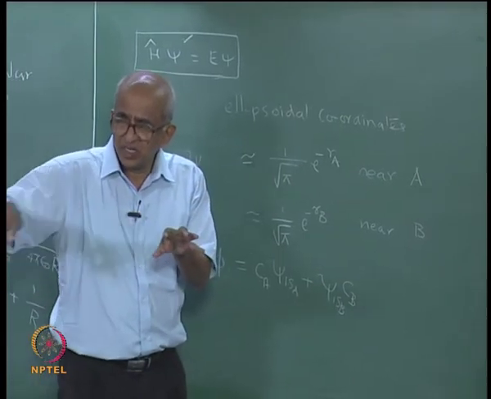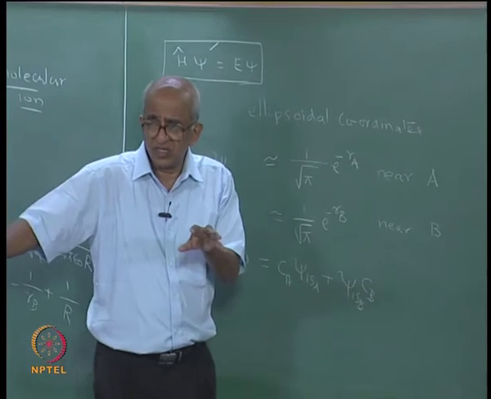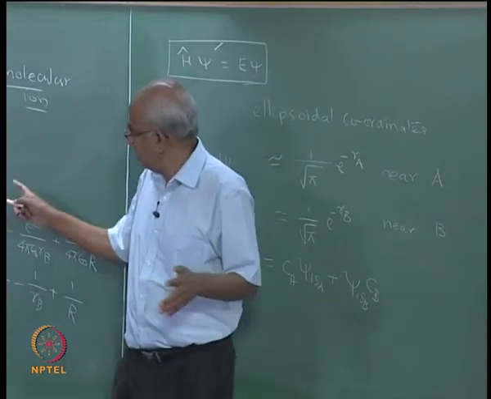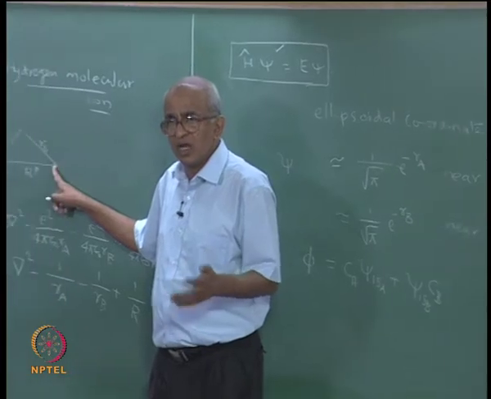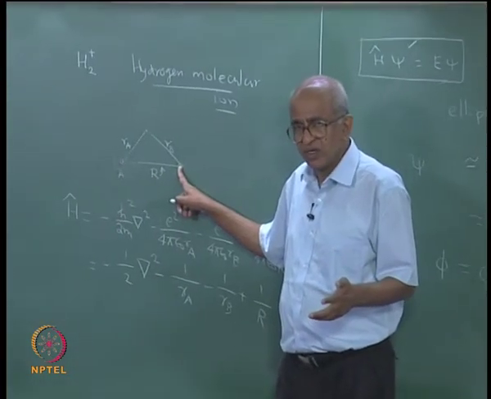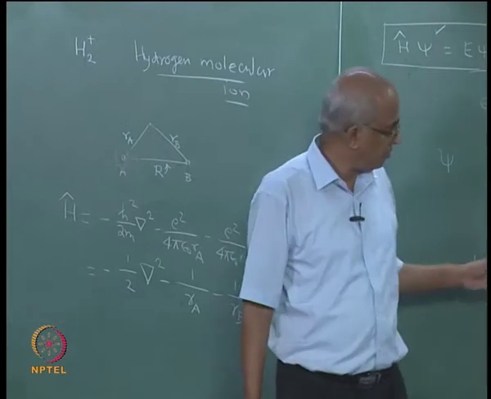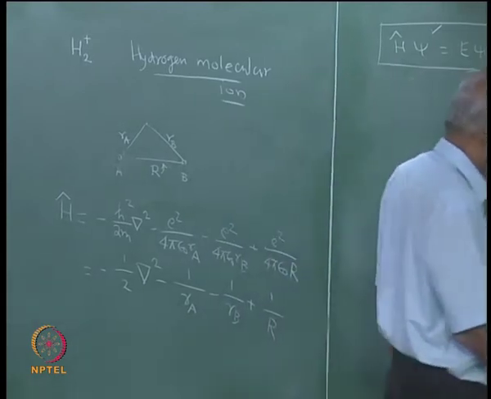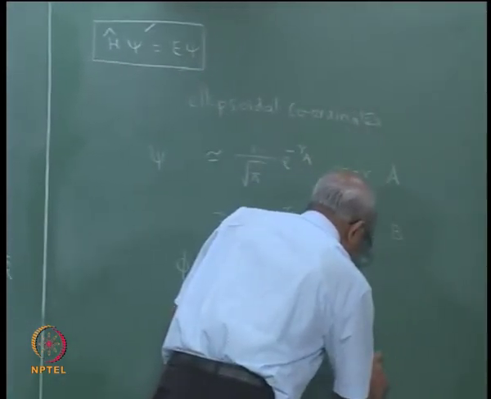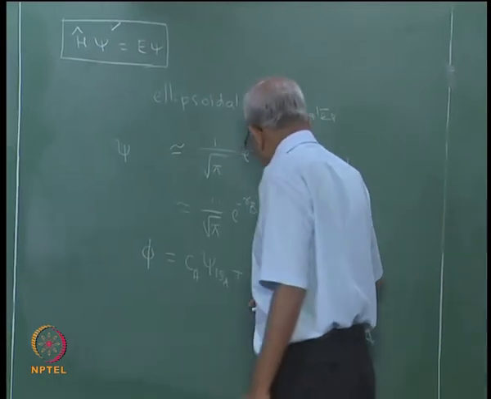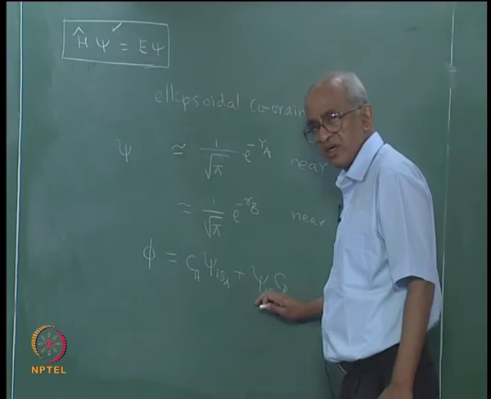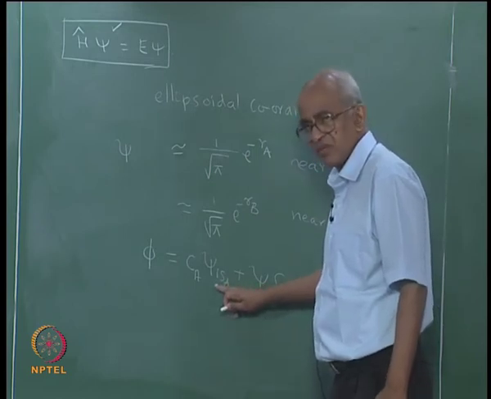So, its value near the nucleus A is going to be rather small, because the distance of the electron from this nucleus is large. Okay. So, if I used such an approximation, near A, this term will not be important, and you will have only that term.